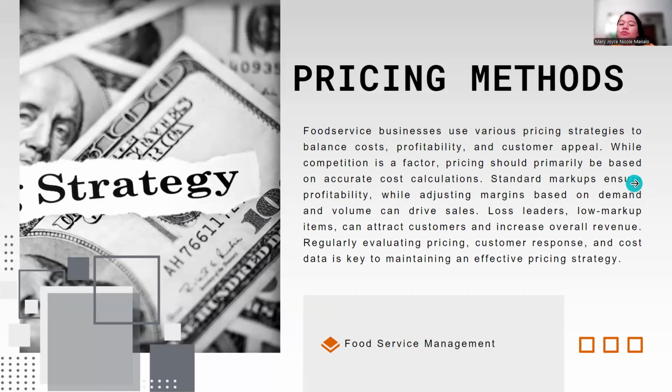A combination of pricing methods ensures profitability while maintaining customer appeal. A business should monitor competition but avoid relying solely on competitor pricing. Implementing strategic markup and evaluating customer response help optimize sales and profits.